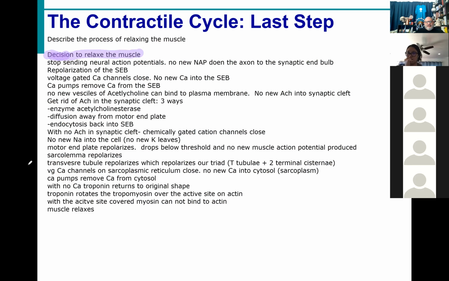And what would be the last thing you said? Repolarization of the motor end plate. Yeah, and no new muscle action potential is produced, absolutely. So that would be termination of communication at the neuromuscular junction.